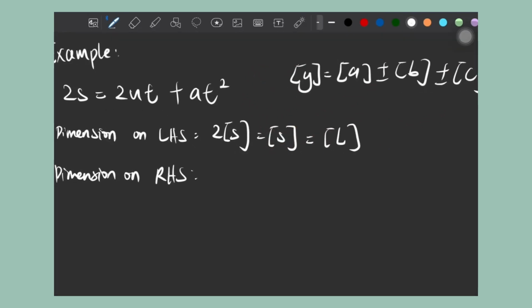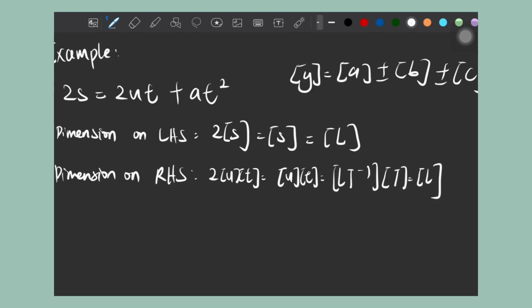Same here, 2ut, 2 is a dimensionless factor, so we take it out. Then finally it will be ut, and we determine u is the velocity. Velocity will be LT^-1, and then times time T, so the dimension will be L only.